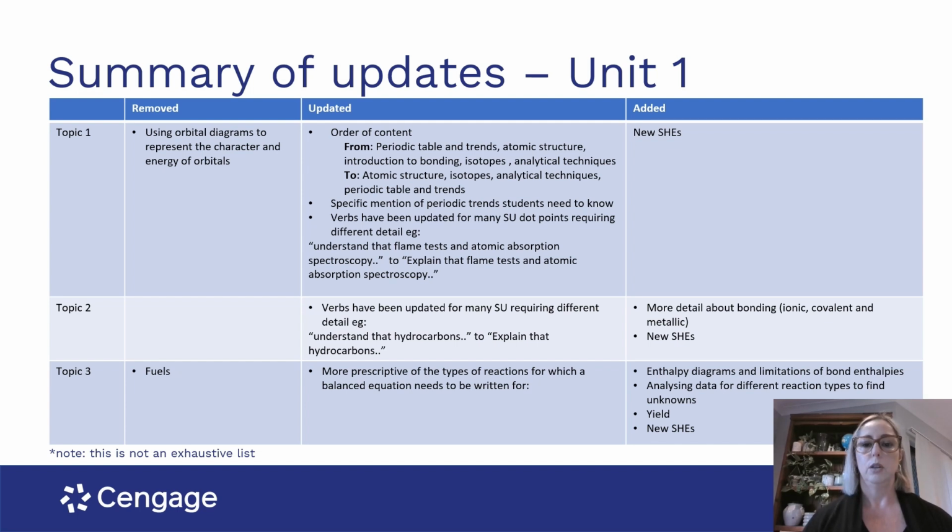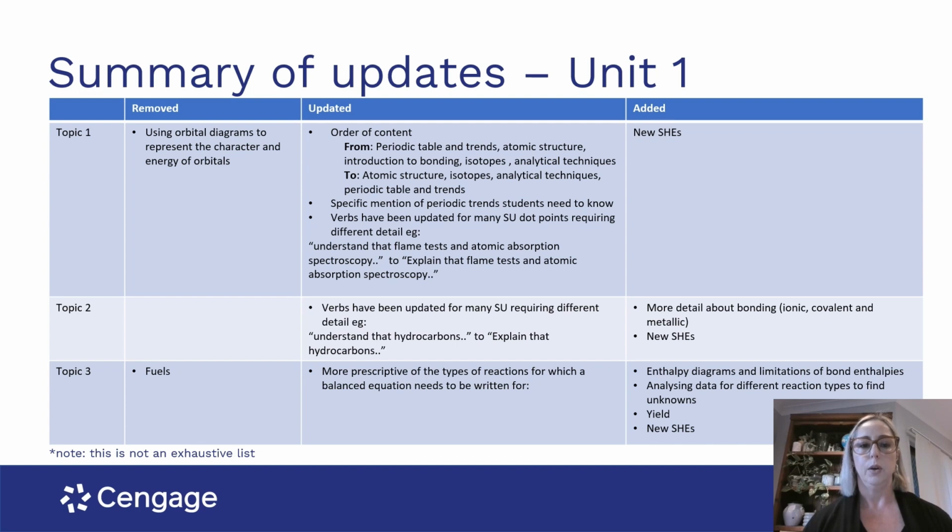In Topic 2, again, they're being a little bit more specific with the verbs, which I think we all can agree is a great move. They've gone from understand the hydrocarbons to explain. There's a little more detail about the types of bonding, so ionic, covalent and metallic. Again, there are some new science as a human endeavour topics in there as well.